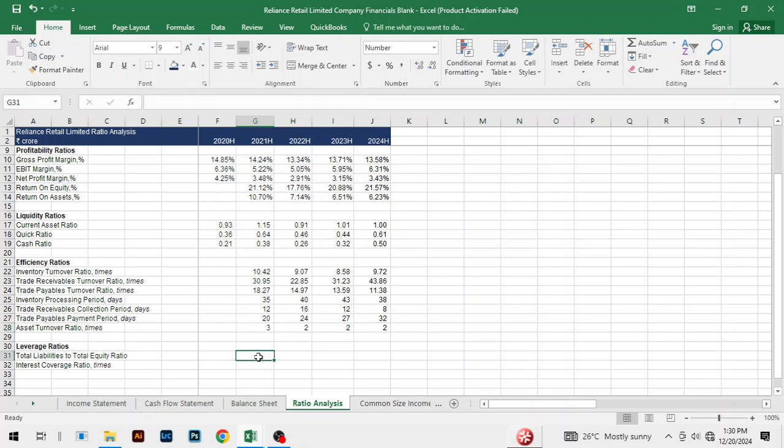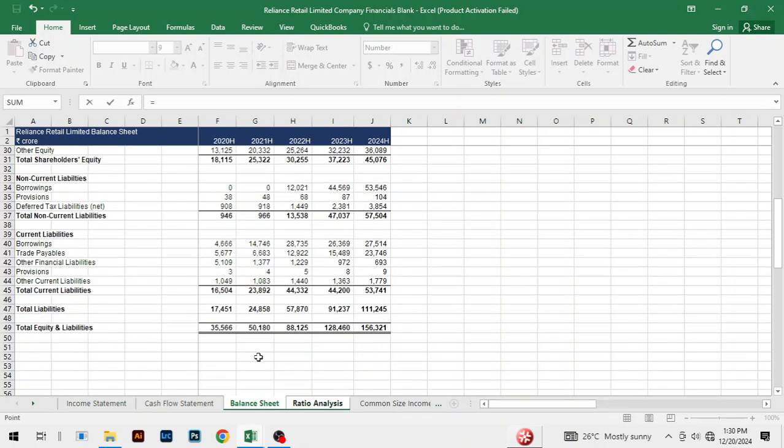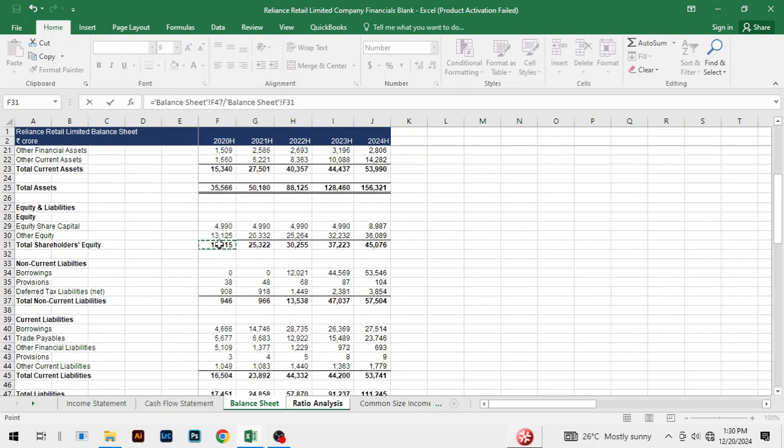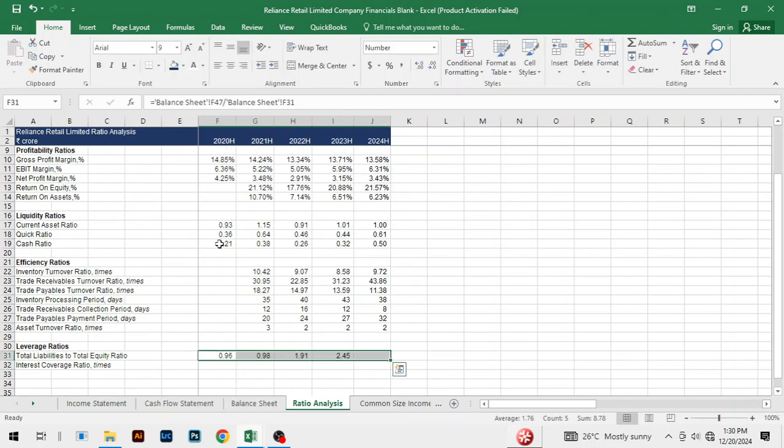And we now move on to the leverage ratios. So here we compute the common leverage ratio, which is the total liabilities to total equity ratio. So here we utilize the balance sheet. We take total liabilities, we divide by total equity, right? And then we copy that to the right. What this ratio is telling us in 2020 is that the company had 90 cents of debt per each dollar of equity.